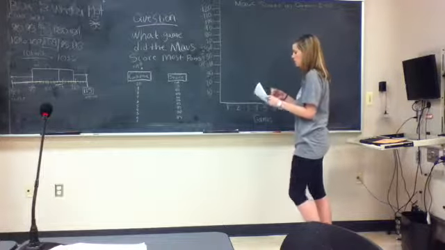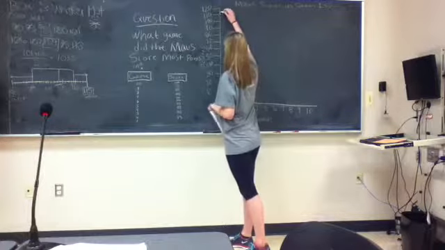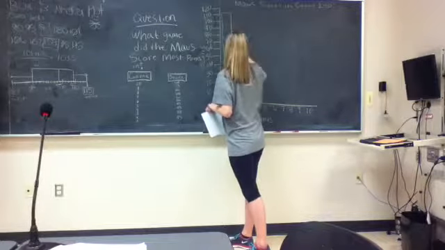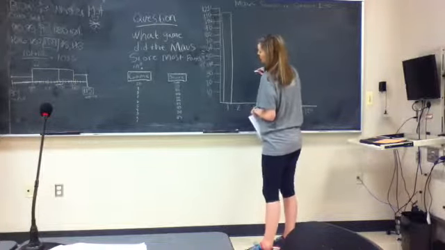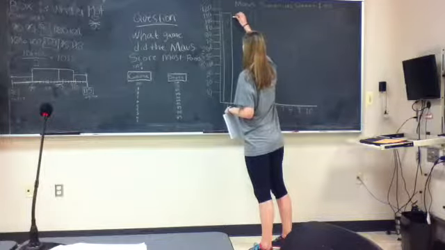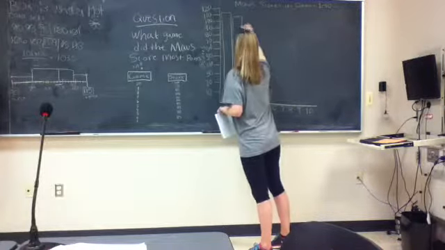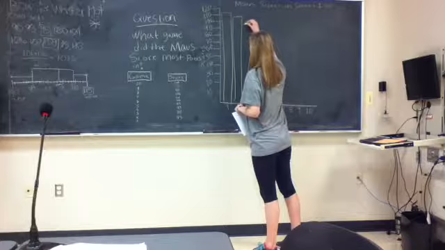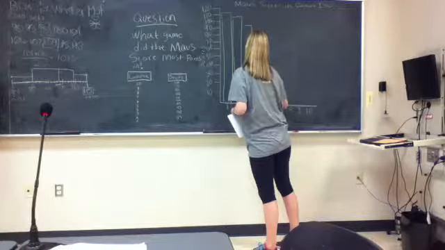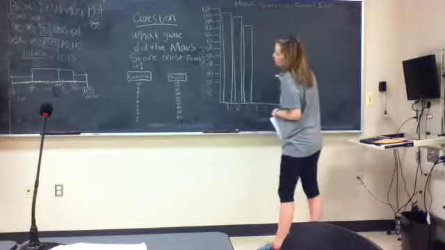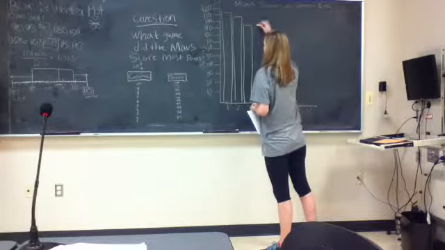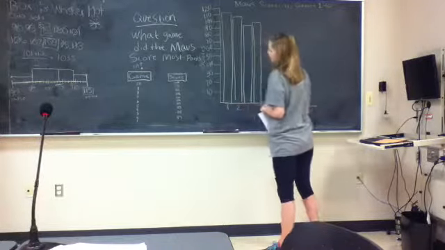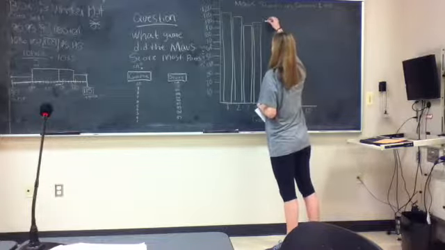So in the first game, they scored 113 points, so we're going to put it right here. In game 2, they scored 107 points. In game 3, they scored 93 points. In game 4, they scored 95 points. In game 5, they scored 100 points.